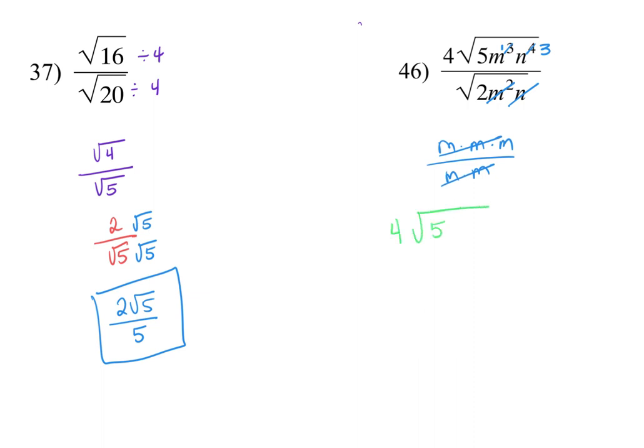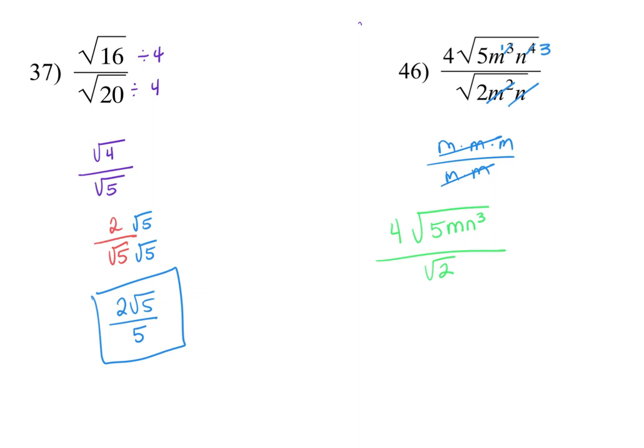I end up with 5mn cubed right there. And then right here, I'm going to end up with just a square root of 2, right?